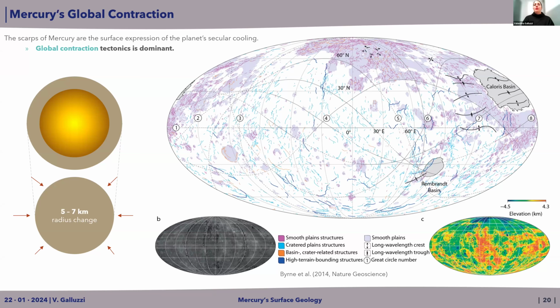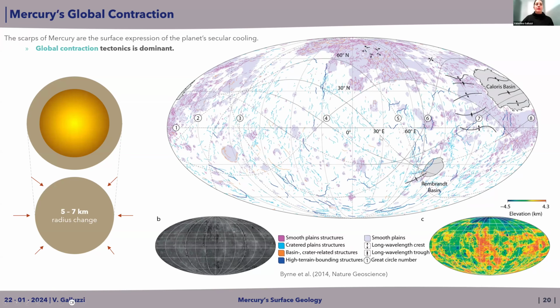2023, which is maybe the most updated version of the folds that we have on the planet. But in any case, statistically, we have thousands of scarps, and you can see from here, there is no clear alignment as in the tidal despinning example, but yet we have some very long alignments on the planet.